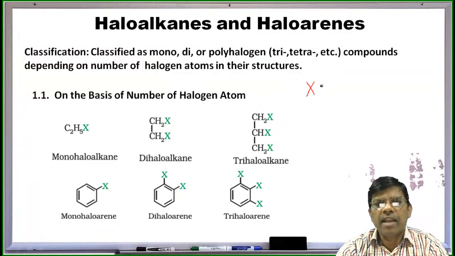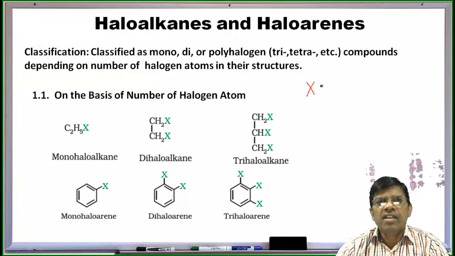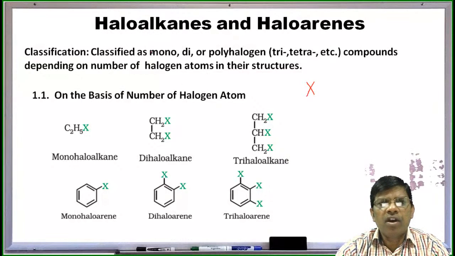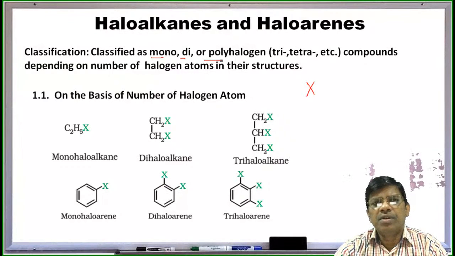The nomenclature follows mono, di, tri or tetra, or penta, hexa, hepta. If the number of halogens is very large, you can call them polyhalogenated compounds.